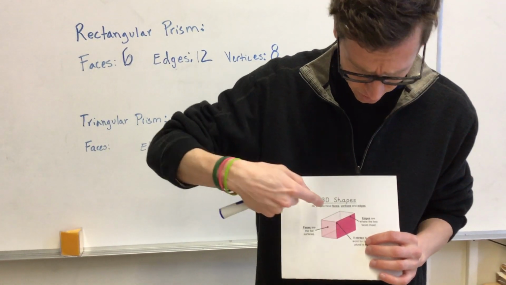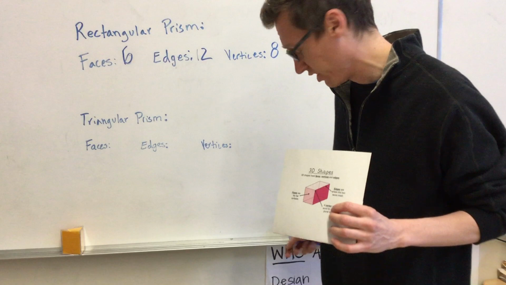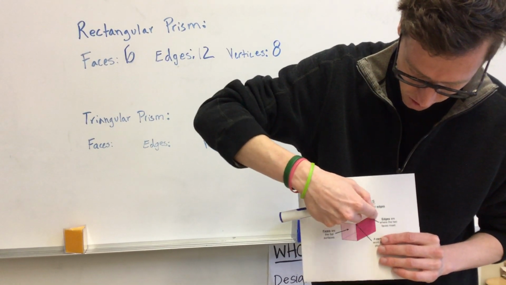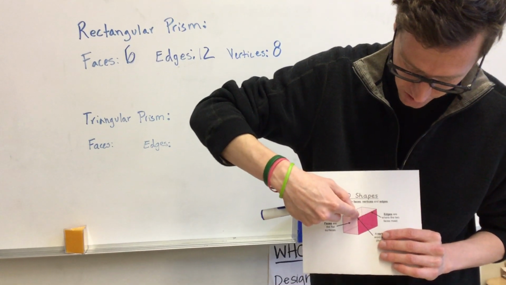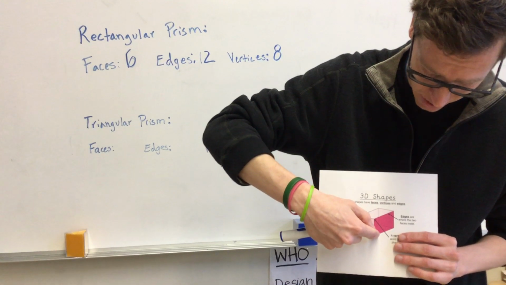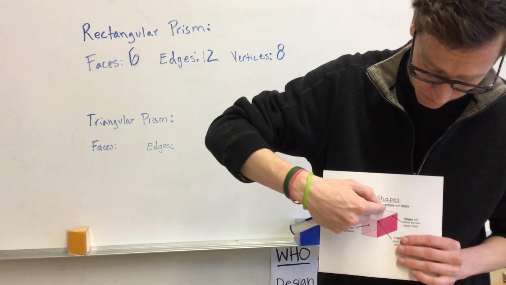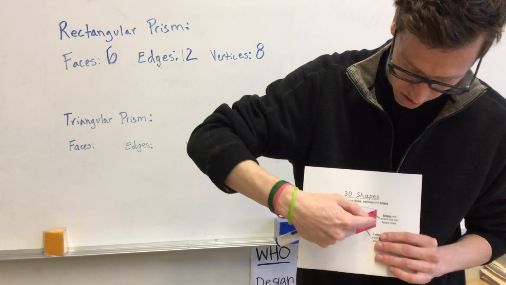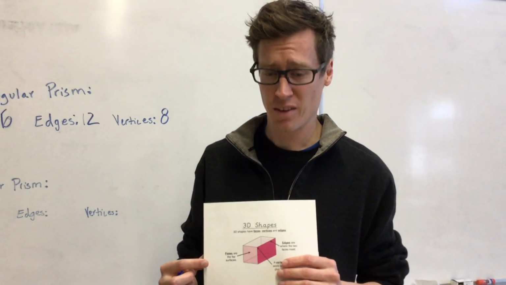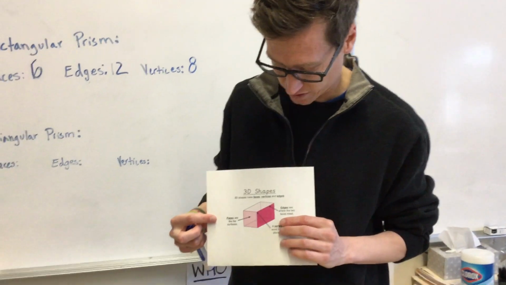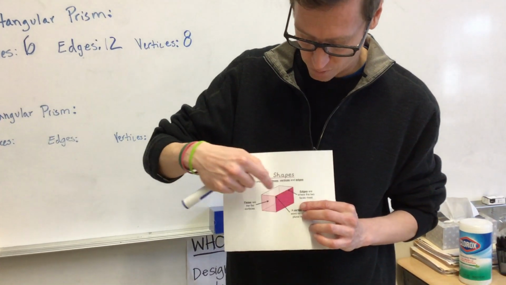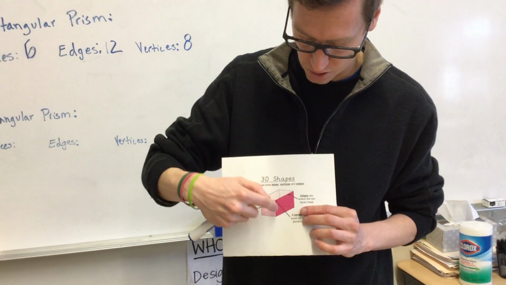For my edges, I was looking for places where our faces meet, and those are 1, 2, 3, 4 on top, 5, 6, 7, 8 on the bottom, and then we have 4 edges that also connect our top and bottom for a total of 12. That made it way more clear. Thanks, Mr. Onken. Okay. And our vertices, that's where all of our edges connect. We have 4 of those on the top and 4 of those on the bottom.